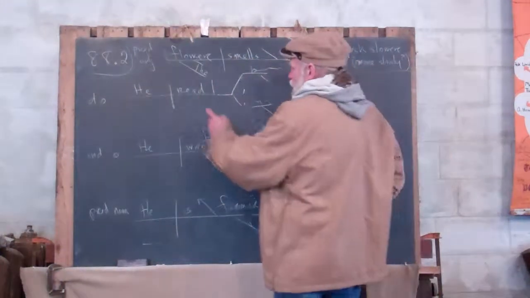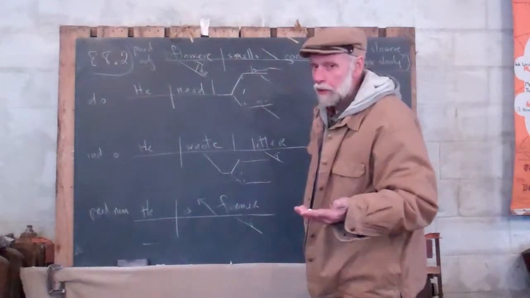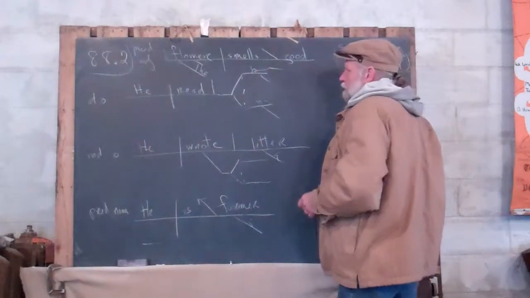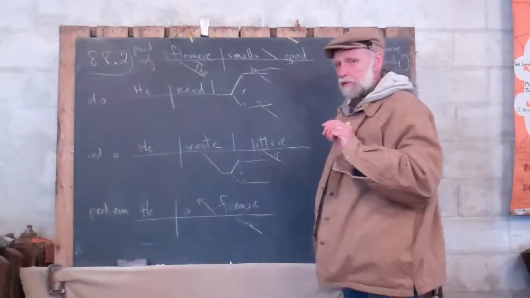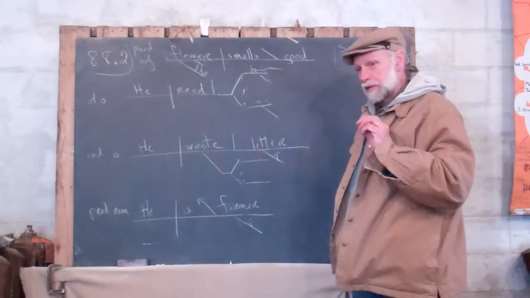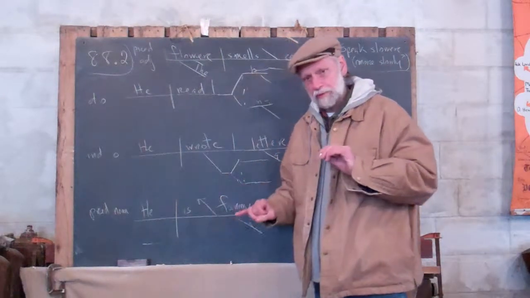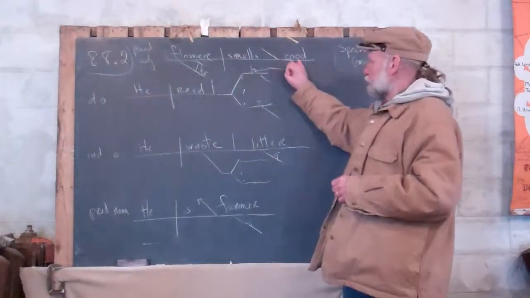Now, a predicate adjective is diagrammed the same way. The flower is good. But I chose to use the word smells because I want to make sure that you realize that there are other linking verbs beside the eight forms of the verb to be. The flower smells good.